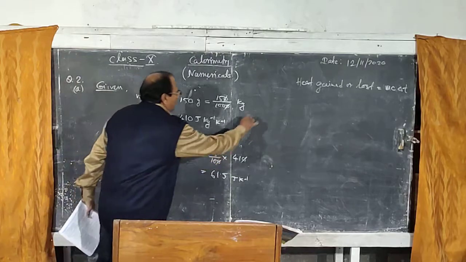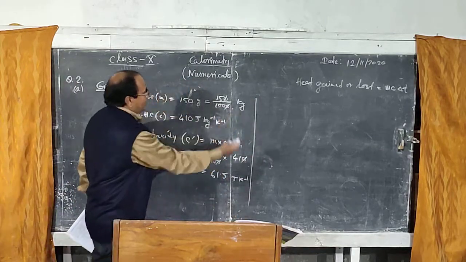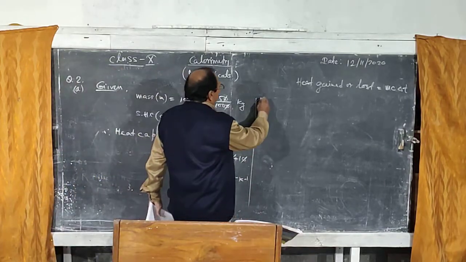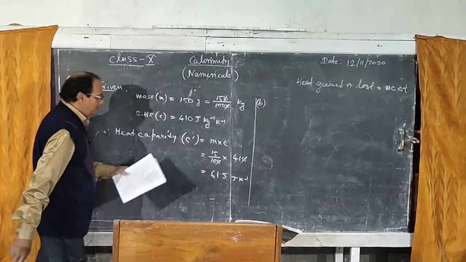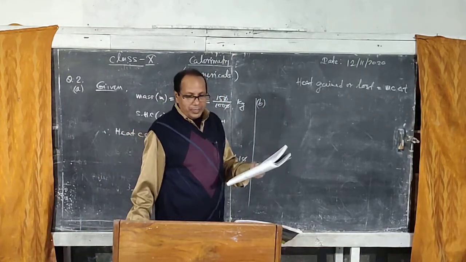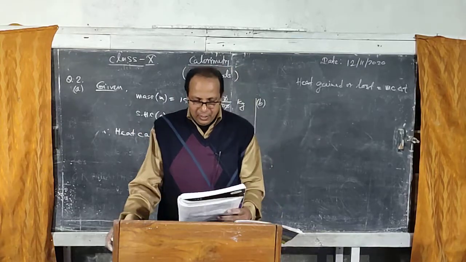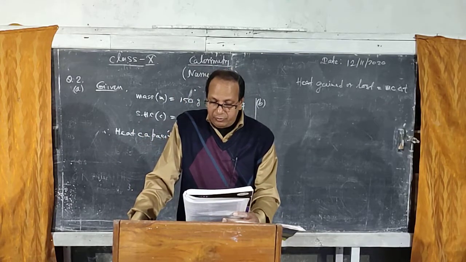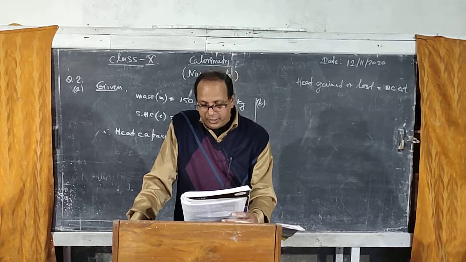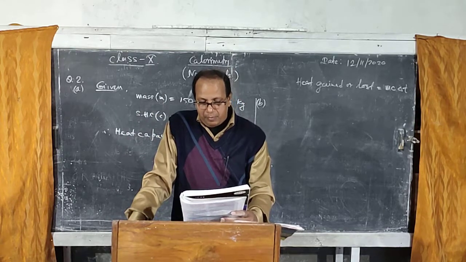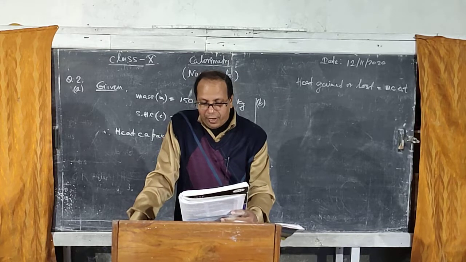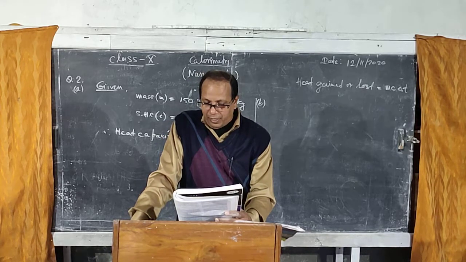Okay. So let me do, since space is sufficient, we will be doing side by side. If space is not sufficient, you can do downwards, right? Question number 2b. Here, how much heat energy will be required to increase the temperature of the same vessel, in part A, from 25 degrees Celsius to 35 degrees Celsius?